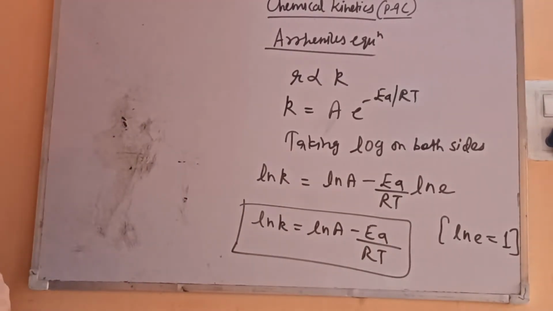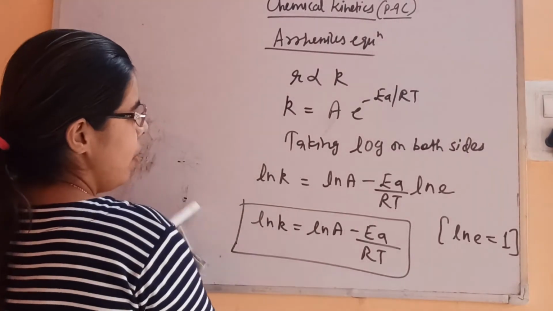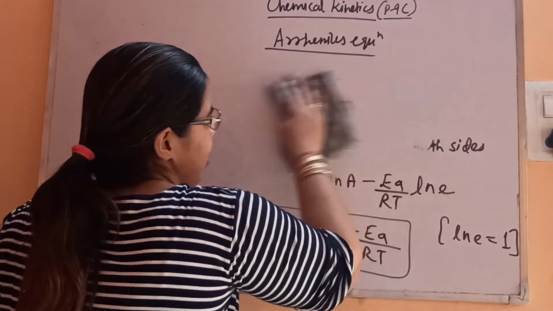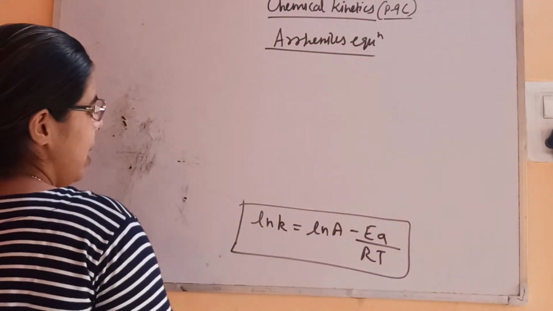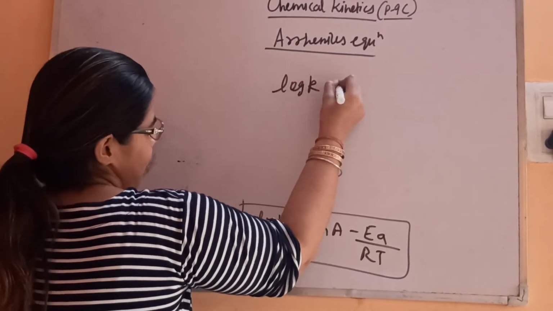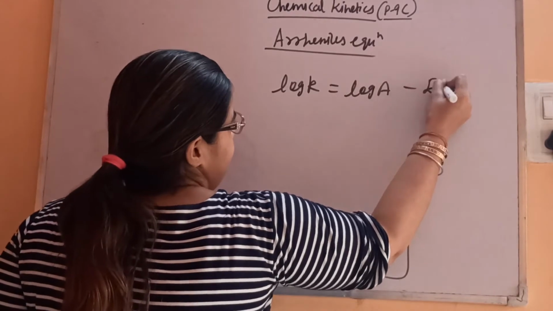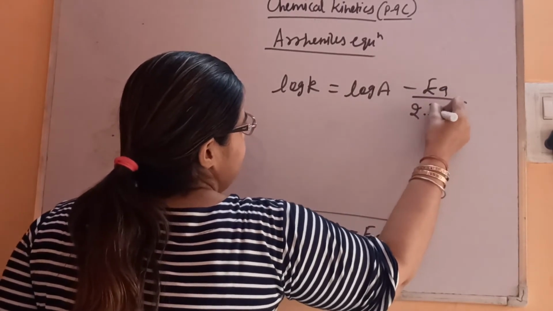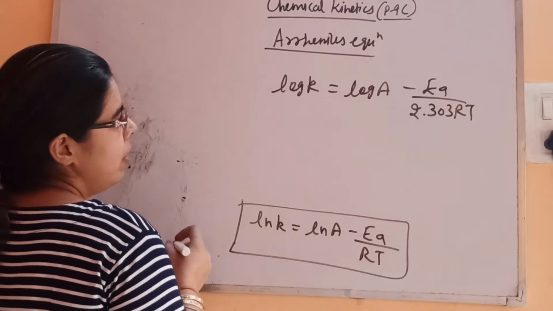Now this is the natural logarithm, we'll convert it into base 10. So we need to utilize a factor of 2.303, so log K is equal to log A minus EA by 2.303 RT. Fine.